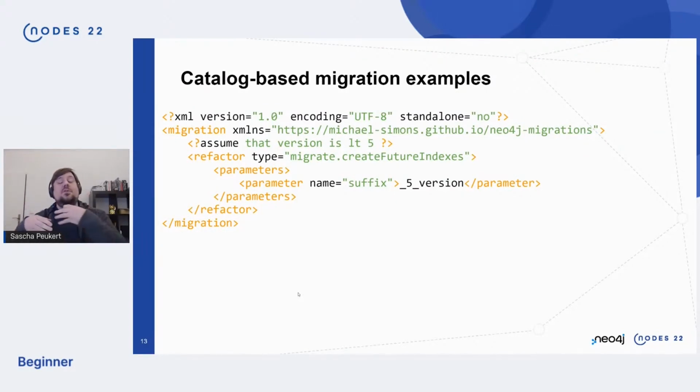And if you then move your Neo4j to Neo4j 5.1, for example, the migration will automatically kill your old indexes. So just running this once helps you immensely, just migrating your database to Neo4j 5. That's great, right?